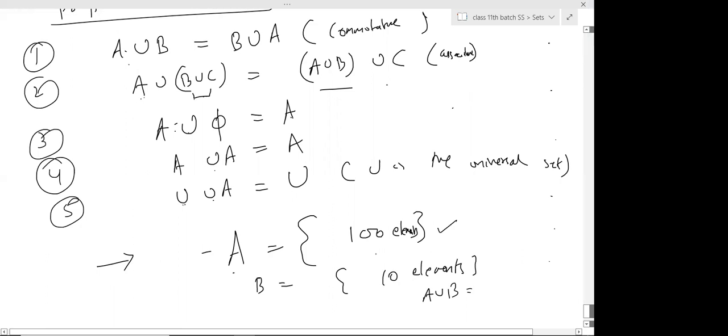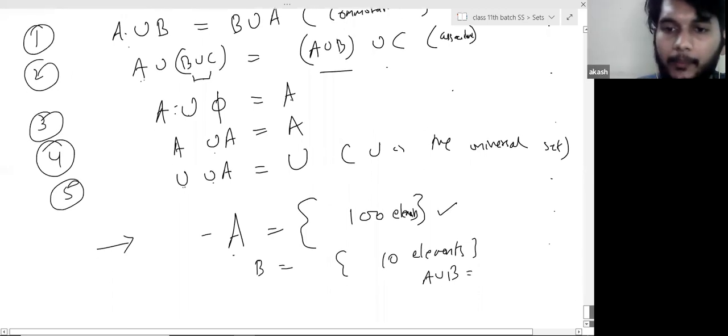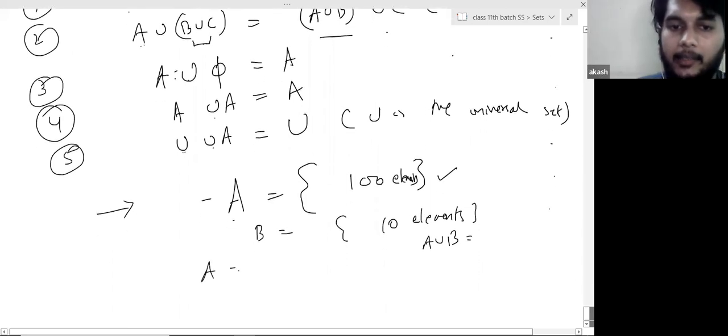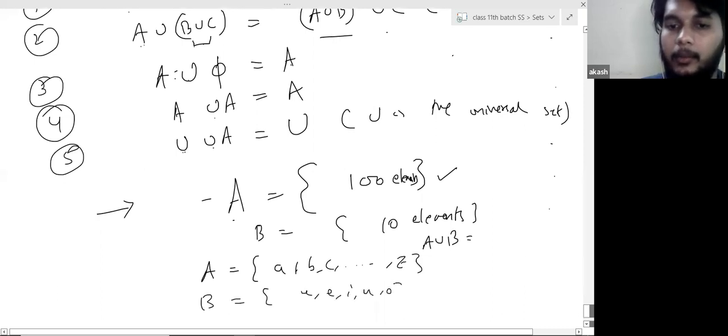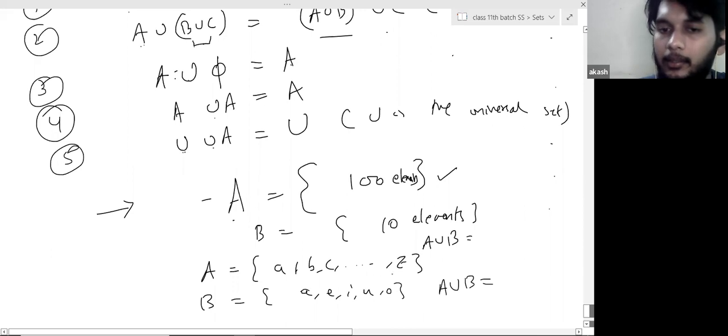Yes, sir. Shall it be equal to 100? Yes, it can be true also, because if I write set A as A, B, C, D till Z, and a set B with A, E, I, O, U, now if you take union, then we'll get set A as the answer, because these are the common elements.